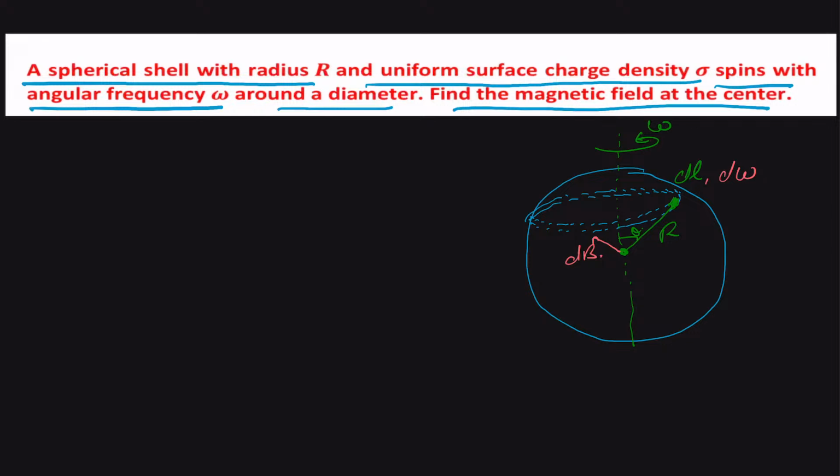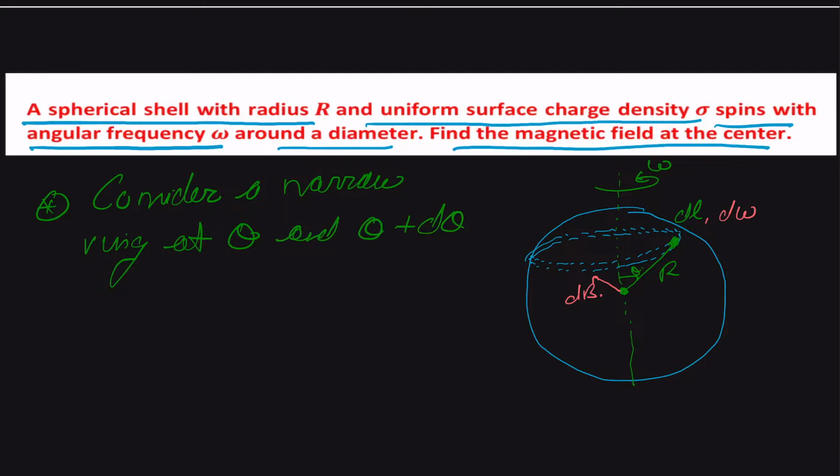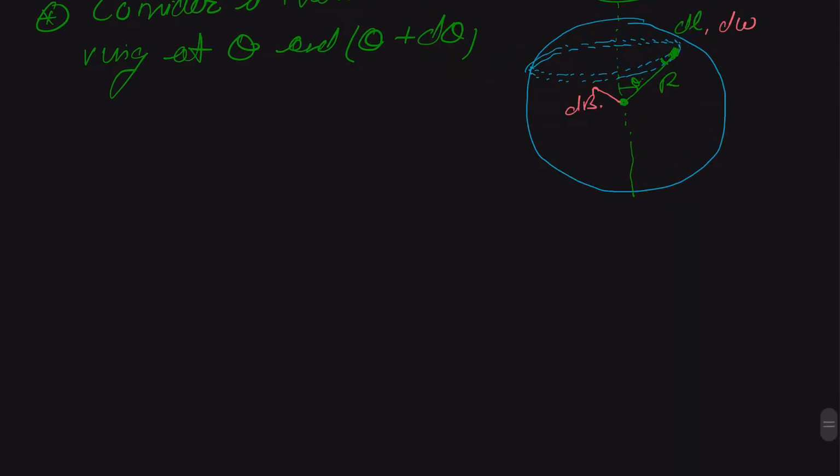So like we said, we consider a narrow ring at theta and theta plus d theta. Because this is narrow, this small angle is the difference. Let me draw it here.